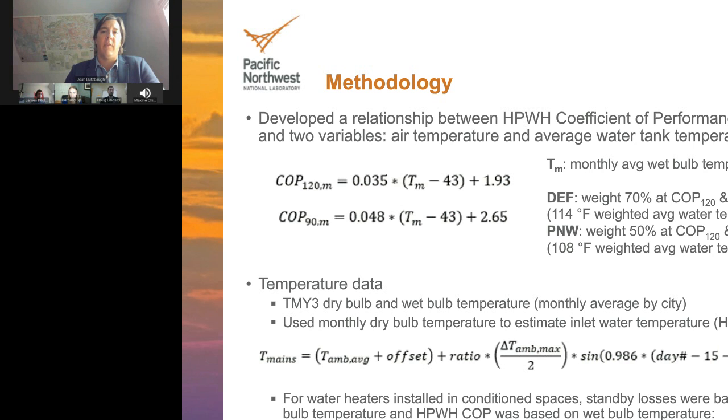For the conditioned spaces, you'll see a table at the bottom of the slide, and I used essentially constant temperatures across the range of months, using the wet bulb for the COP and then the dry bulb for the standby losses. Then I weighted the conditioned space and the unconditioned space in the Pacific Northwest and in Florida, and I'll discuss that in the next slide.